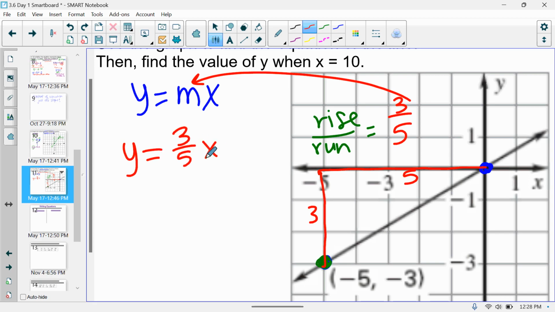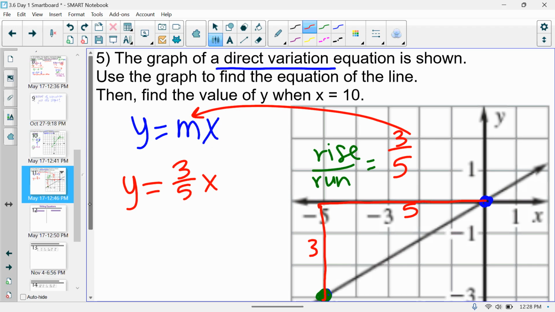Is everybody good with how I came up with that equation? Any questions? So now there's a second part to the question. It says, find the value of y when x is 10. How would I do that? How would I find out what y is when x is 10?